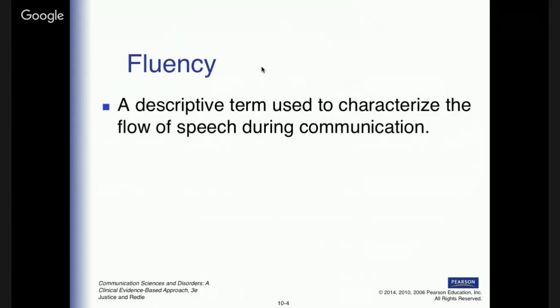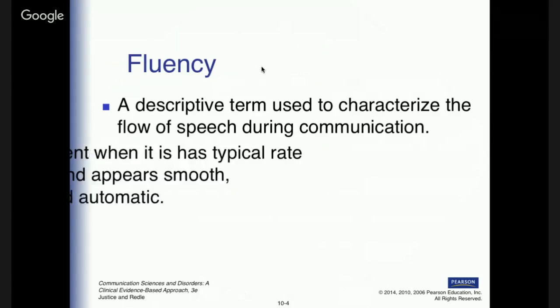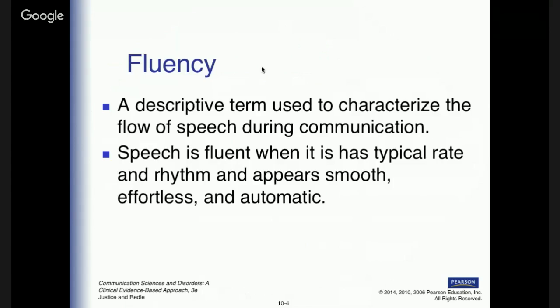All right, so fluency is a descriptive term used to characterize the flow of speech during communication. Speech is fluent when it has typical rate and rhythm and appears smooth, effortless, and automatic. So speech is fluent when it's just forward flowing, smooth, easy.